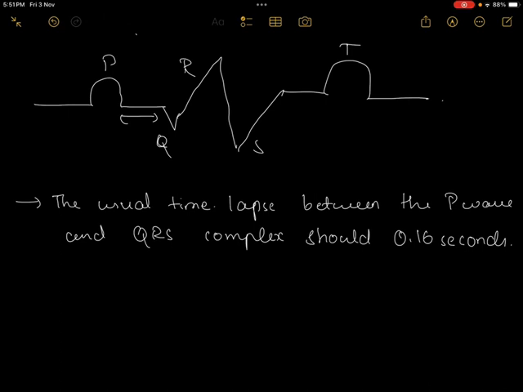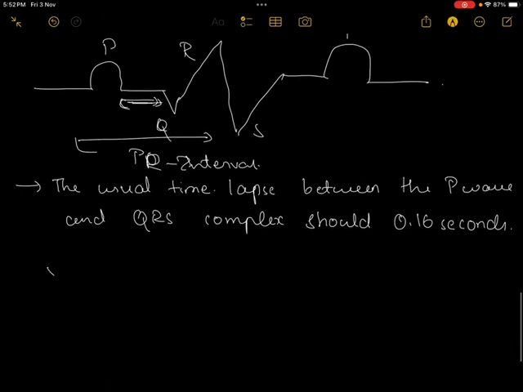Usually, if there is any increase in the time lapse between the P and QRS complex, or the increase in length of the PR interval, the gap which is found between the P wave and R wave, it is called the PR interval.